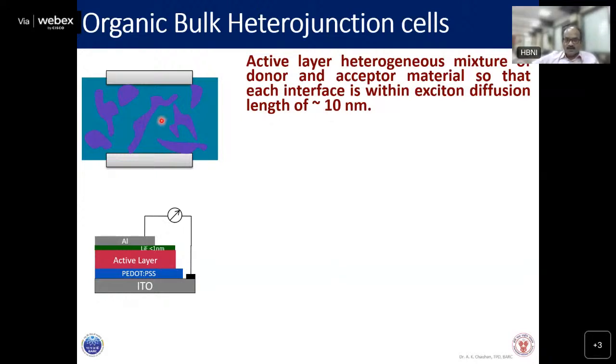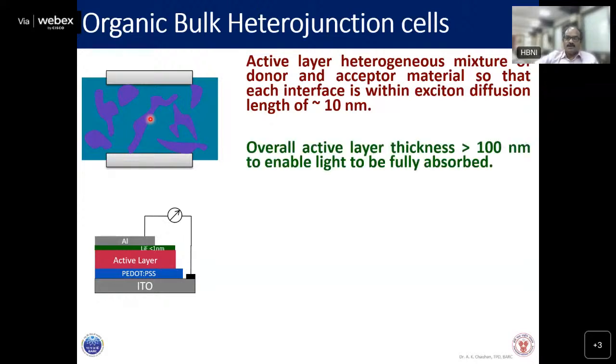So suppose an exciton is generated here, within 10 nanometers it should see an interface where it can dissociate from an exciton into an electron-hole pair. Then the overall active layer thickness, the total thickness inside a bulk heterojunction, is nearly 100 nanometers.